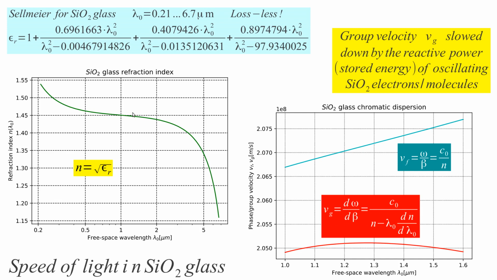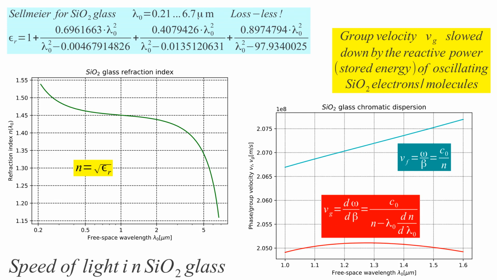If we plot now the phase velocity, this is this green line here. This is exactly the reverse of this function here. So the phase velocity here actually is increasing with increasing wavelength because the refraction index is dropping.